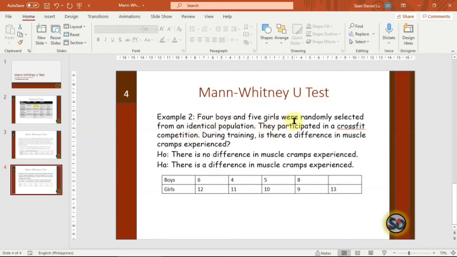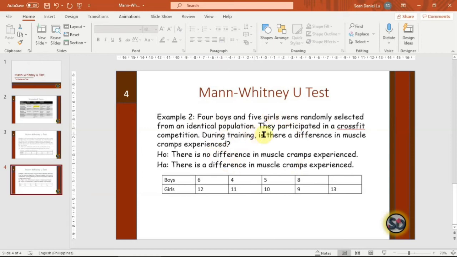So 4 boys and 5 girls are randomly selected from an identical population. They participated in a CrossFit competition. During training, is there a difference in muscle cramps experienced? Now you don't need to consider this identical population. What's important is that boys and girls, when they produce results after the competition, the results are independent of each other.